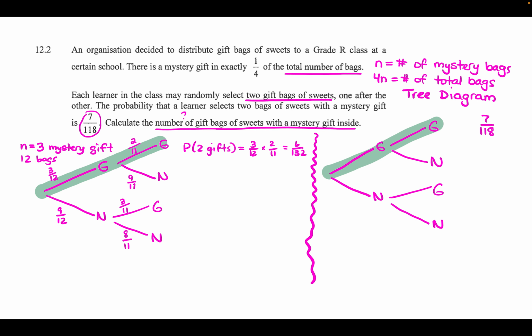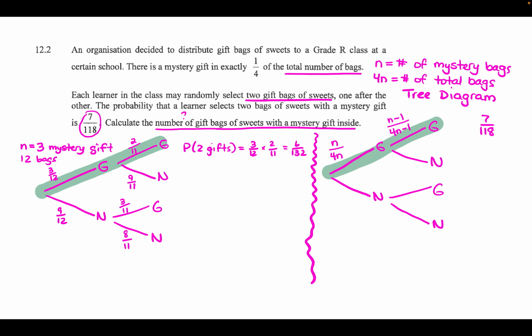So if we have n mystery bags, we know that the probability of getting one would be n over 4n, because that would make that probability 1/4. And then, if we got a gift the first time, we would have n minus 1 gifts left out of 4n minus 1 bags. So that would be the probability of getting a gift the second time if we got a gift the first time.